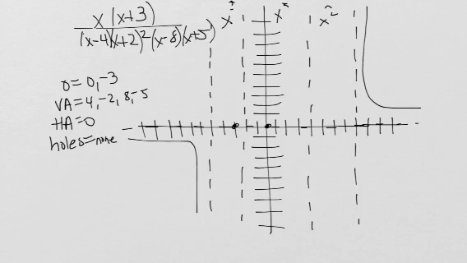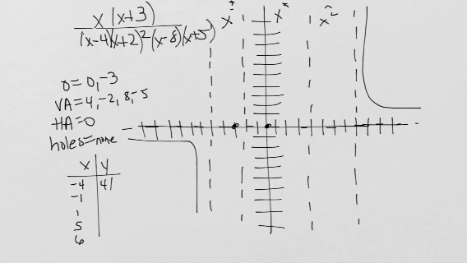So the best way to figure this out is to make a table of values. I'm going to choose -4, -1, 1, 5, and 6. When I plug in -4, I'm going to get -4 times the sum of -4 and 3, which is -1. So a positive 4 in my numerator.